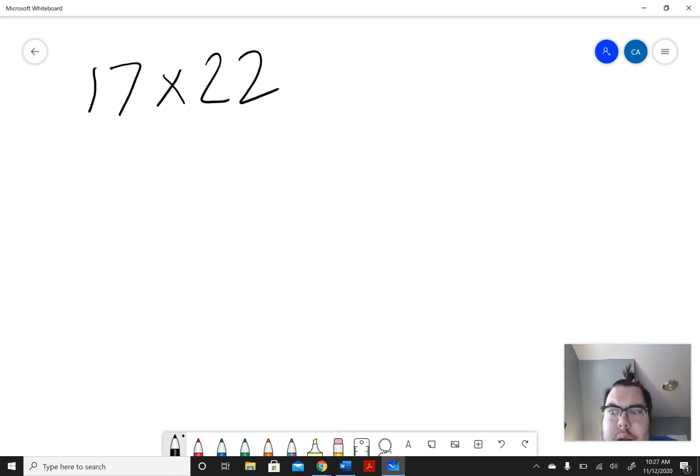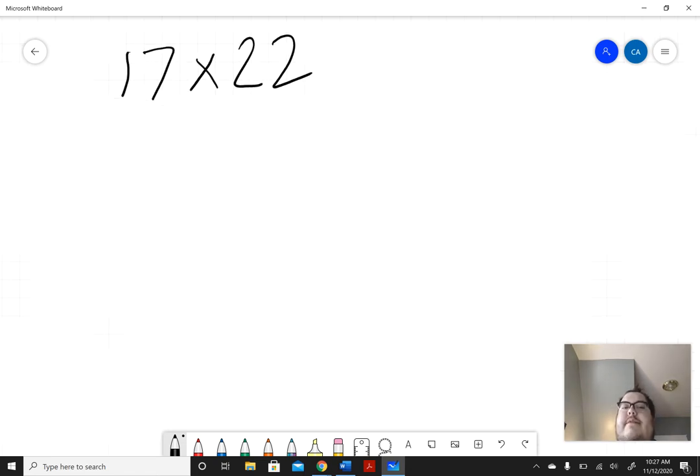I hope you had the conversation about when you see a multiplication expression, that's telling you how many groupings or how many copies of something you have, right? So in this expression, 17 times 22 tells you that you have 17 groups of 22, so you have 22, 17 times.